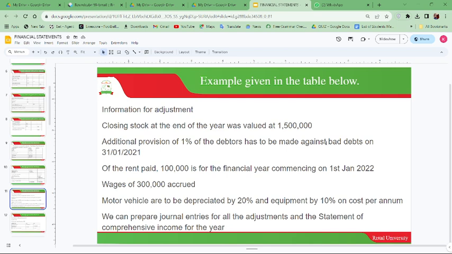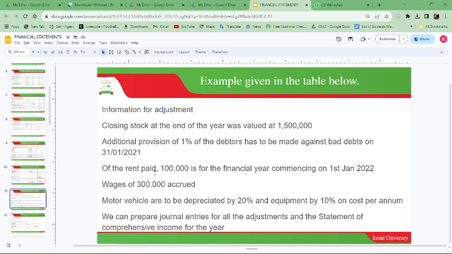These are the debtors that you gave your money and who have failed to pay it back, so they become bad debts. So the additional provision of 1% of the debtors has to be made against bad debts. We have 1% of the debtors that become our bad debts.